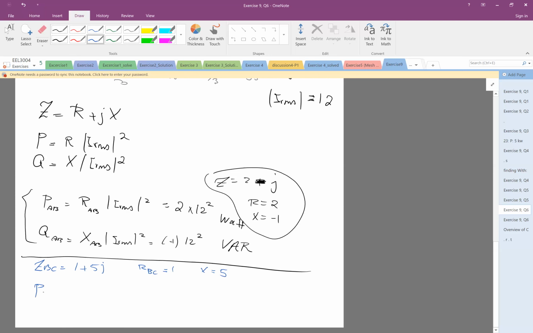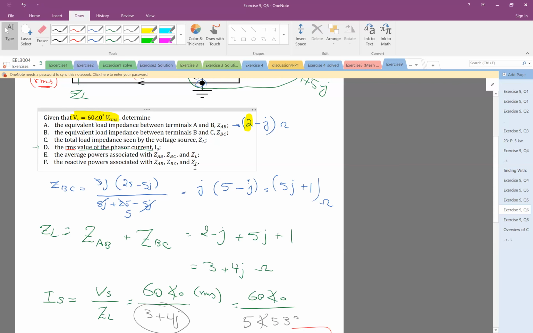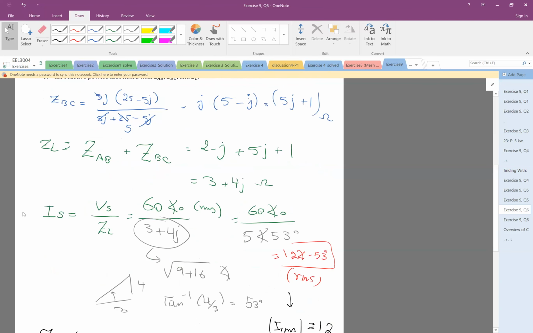Again, as before, P of BC would be R times the same current, 12 squared, and Q would be X times 12 squared. And last one, P and Q associated with Z of L. We have the whole Z of L, which is this. Again, this is R, this is X. We can easily find P and Q.